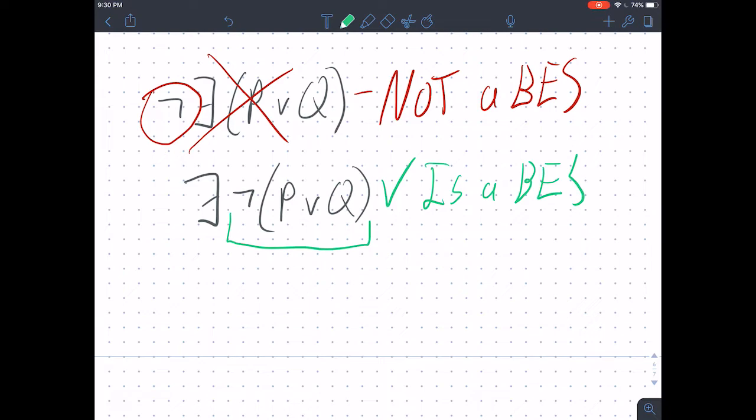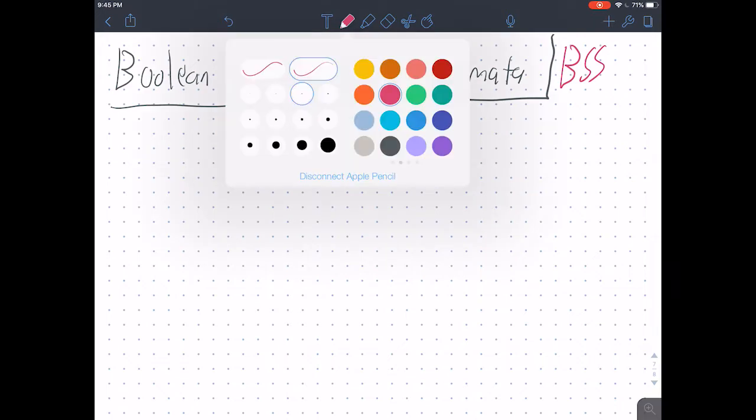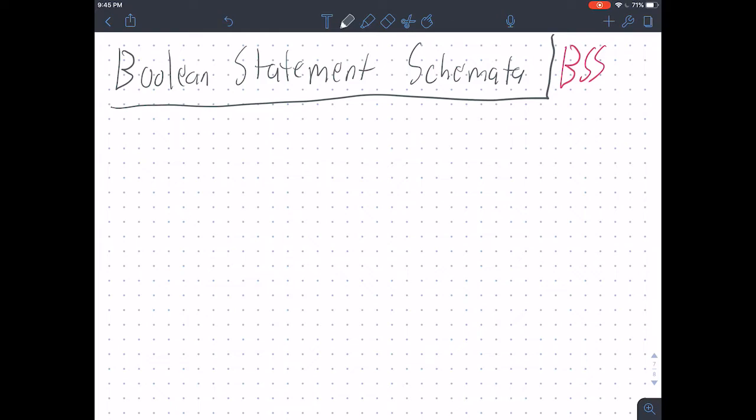Okay, so next, going to move on to Boolean statement schemata. The last sort of Boolean schema that we have to learn about is a Boolean statement, or they are known as Boolean statement schemata. Sorry.